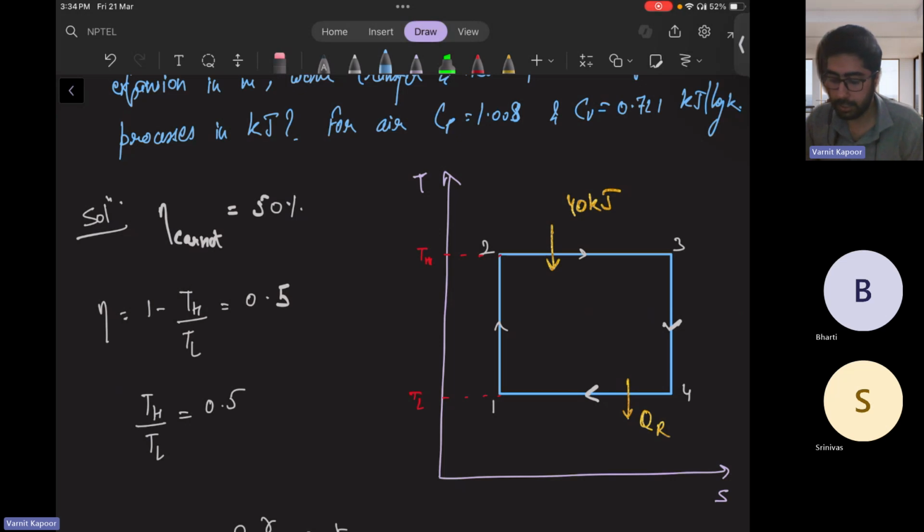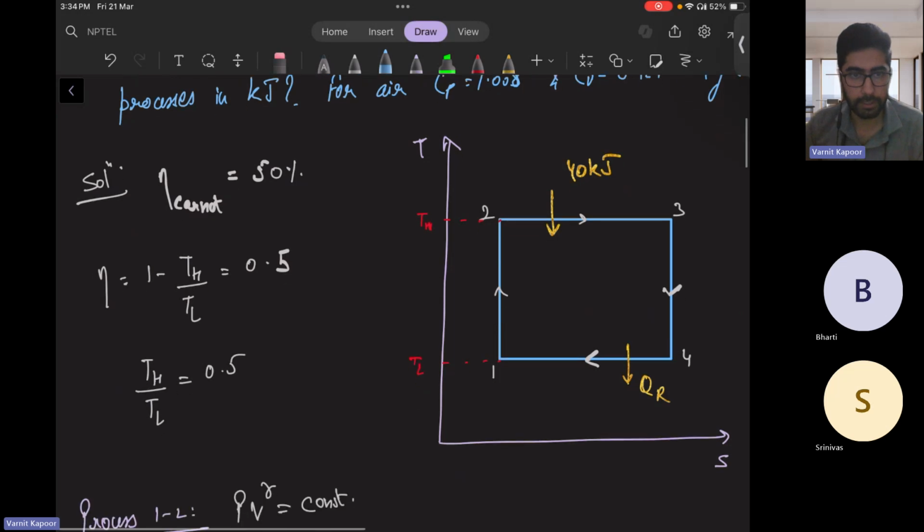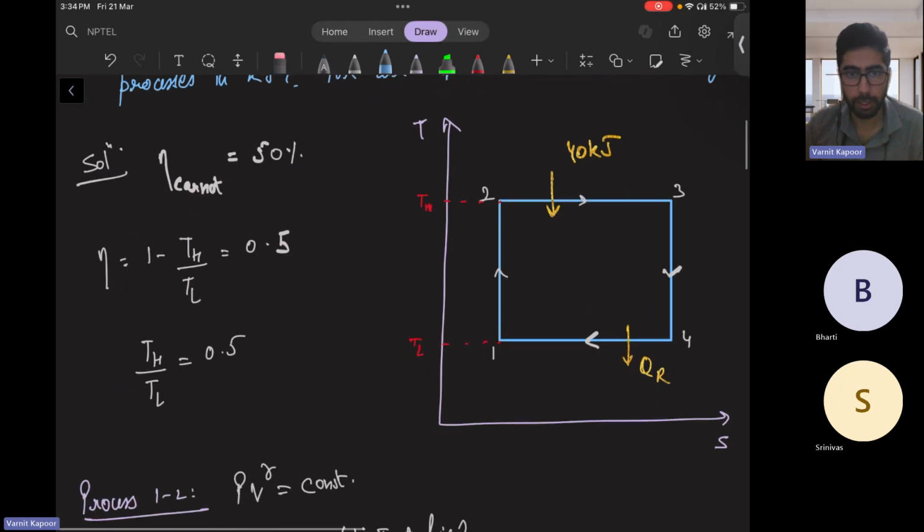You also know the pressure at the start of isothermal expansion, that is 7 bar, as well as volume as 0.12 meter cubes. You need to find out the heat interaction in each of the processes, that is Q rejected, as well as the work interaction in each of the processes, as well as lower and higher temperatures. So what we have done, we know the Carnot efficiency is 0.5, so we know T lower to T higher as 0.5.